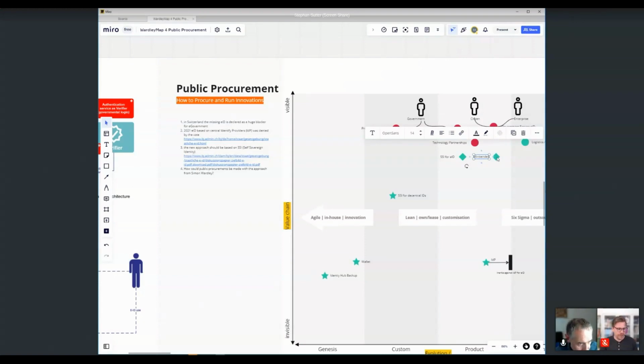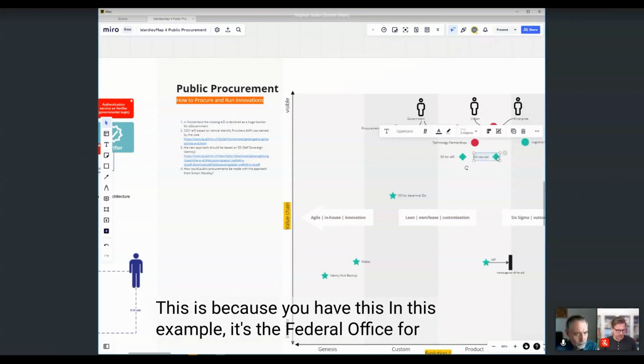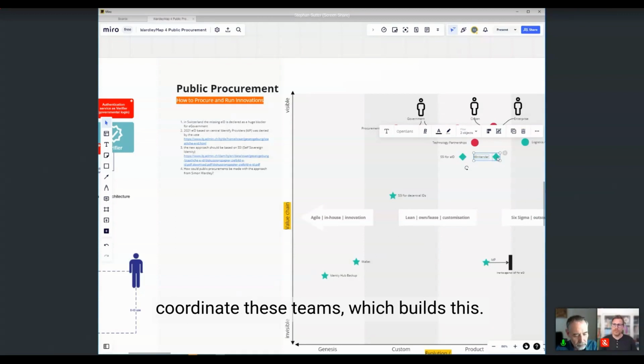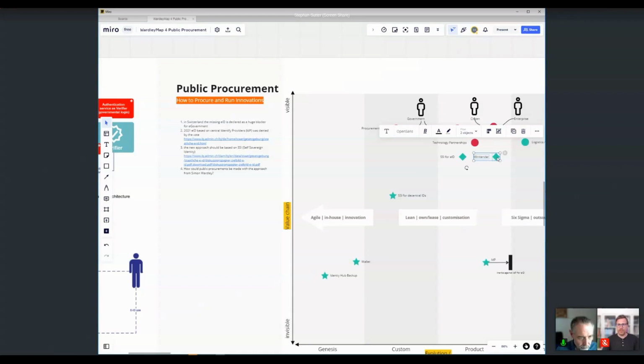I don't know. No, this is because in this example, it's the Federal Office for Information Technology, and they have the whole setup and government structure to coordinate these teams which build this.